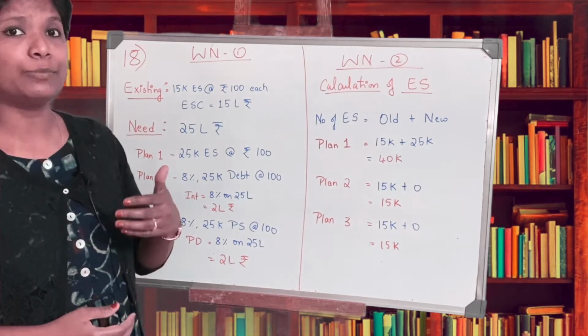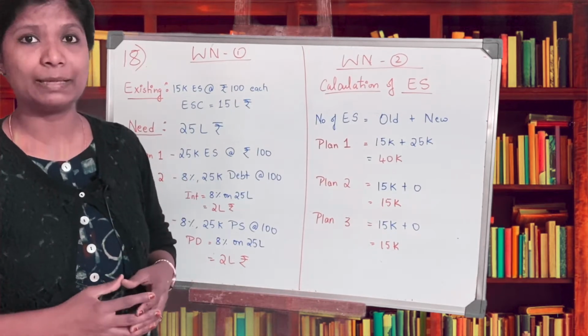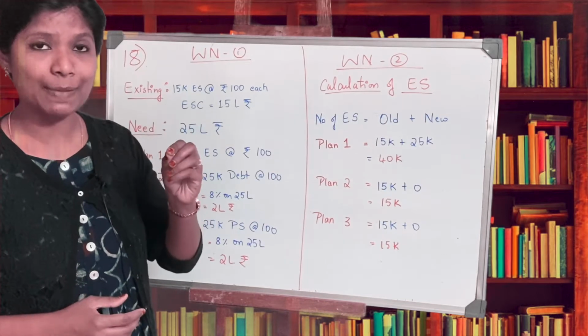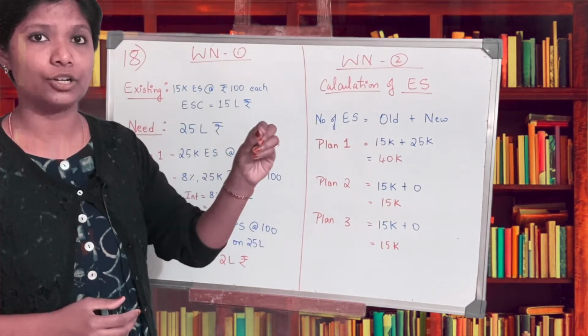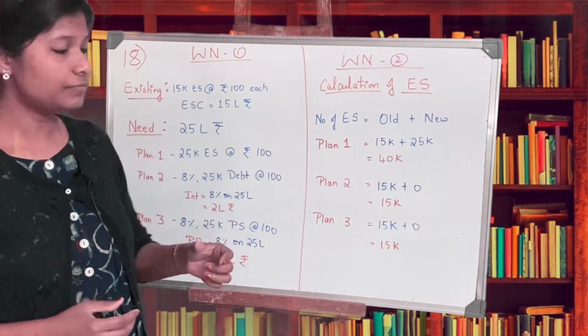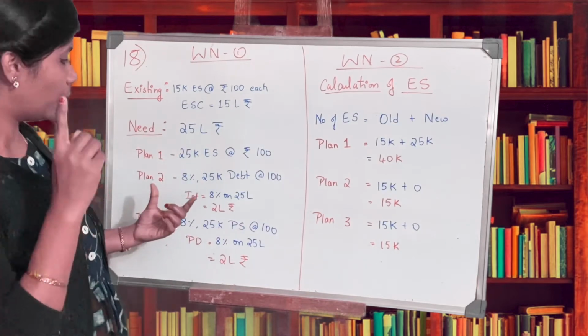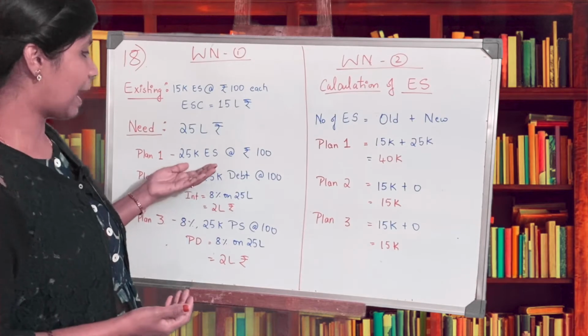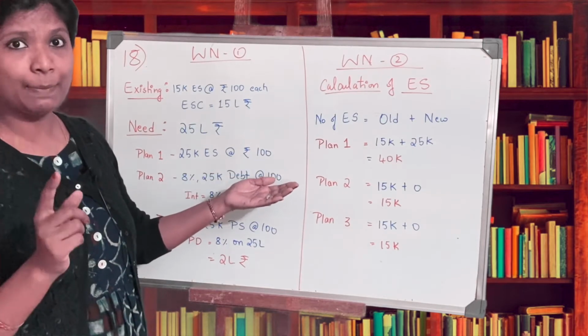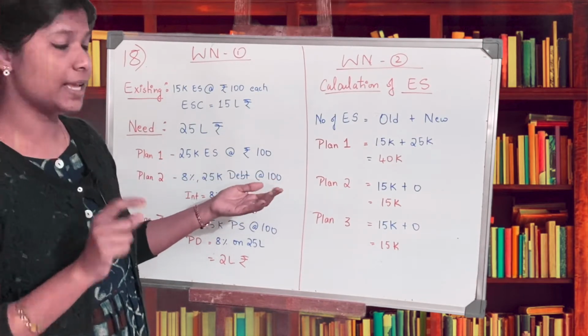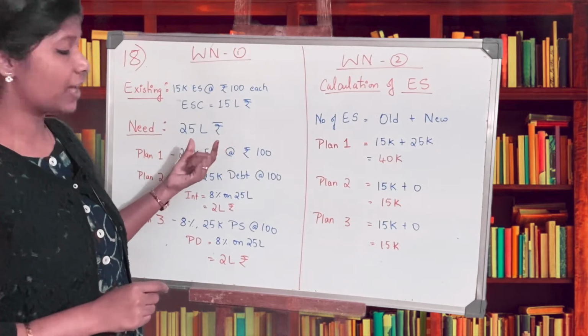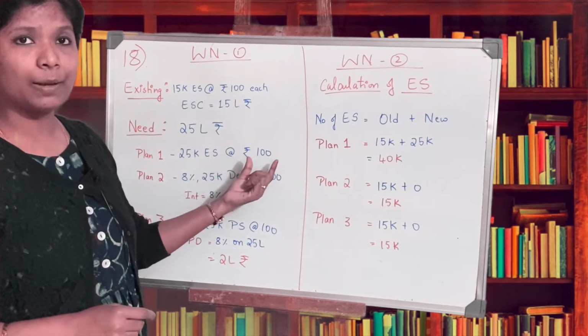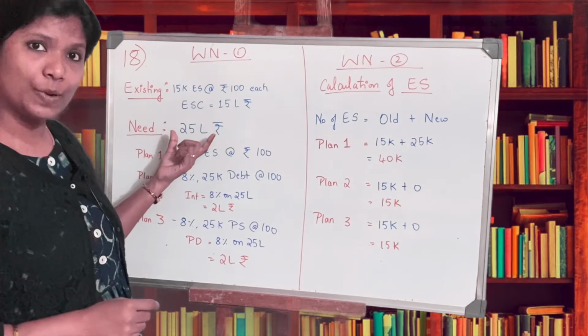In order for them to decide which plan is the best, which has to maximize their earnings per share, EPS. Let's look at each plan. What is the plan number 1? Again, they want to raise equity share capital at rupees 100. Remember, each plan must sum up to your rupees 25 lakh. So 25,000 multiplied by 100 will come back to 25 lakh.